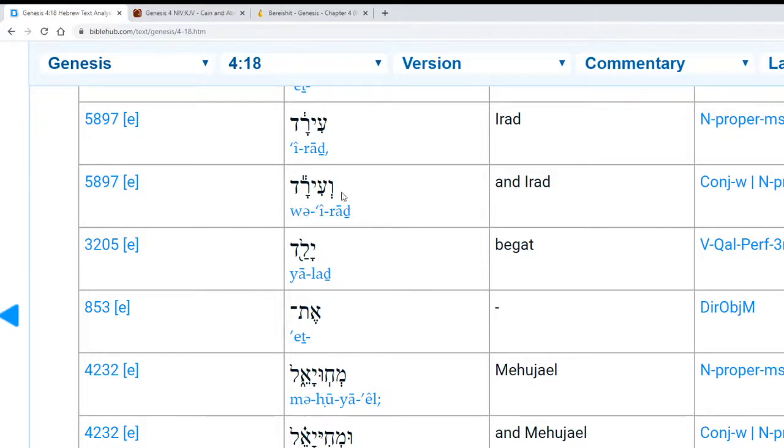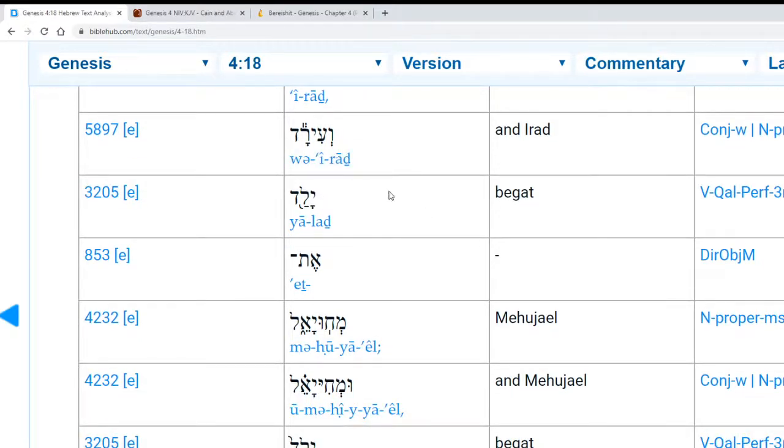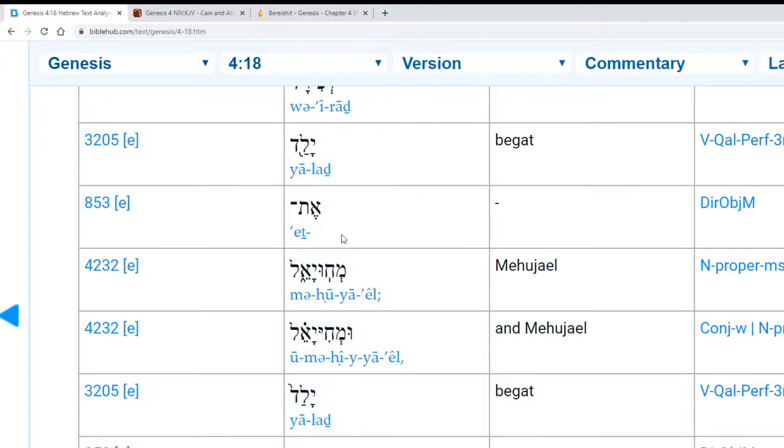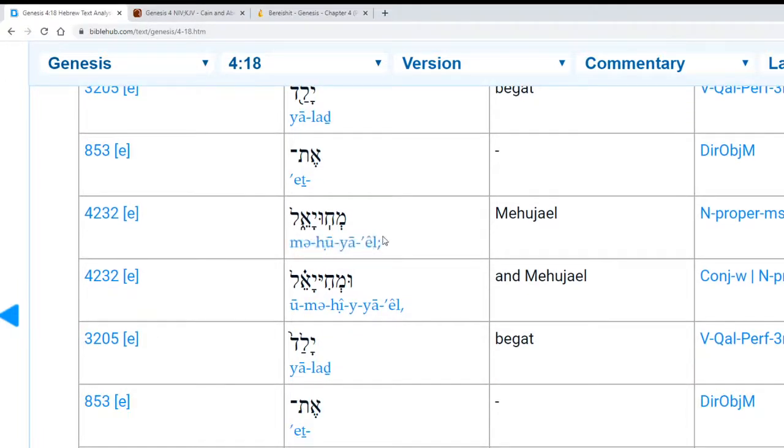Okay, so and Irad begat, caused to be born, et direct object marker, Mechuyael, right? So the aleph lamed here is a version of God.